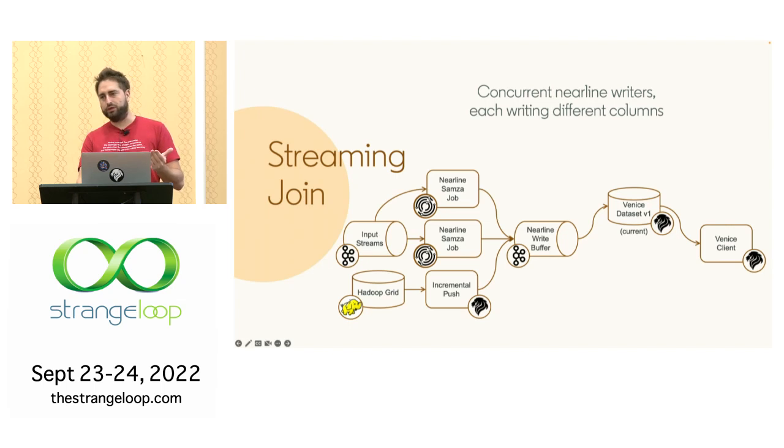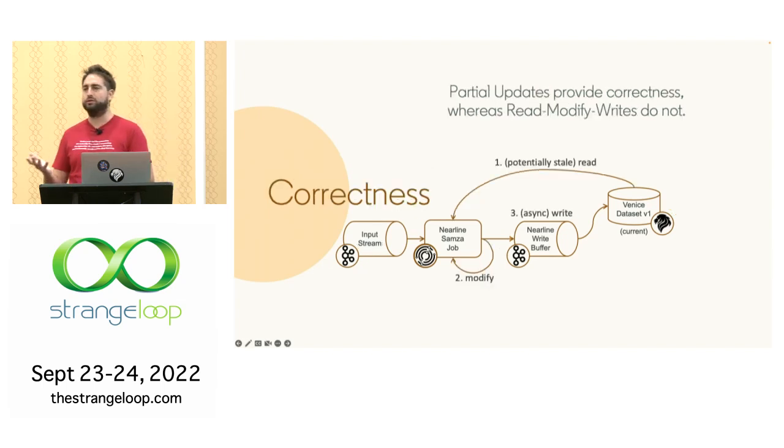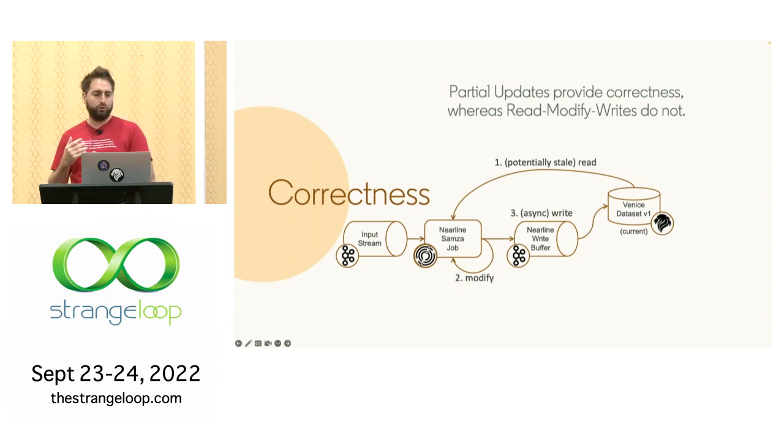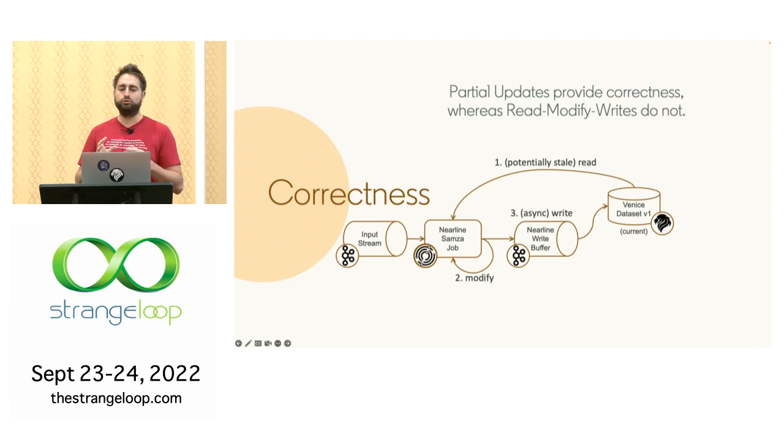But besides convenience, there is an arguably more important aspect, which is correctness. So an alternative design pattern for implementing updates would be to do read-modify-writes. But unfortunately, if you do read-modify-writes against Venice, your solution will not achieve correctness. Because you have to remember, all writes into Venice are asynchronous. They all go through this buffer, which means all reads from Venice are potentially stale.